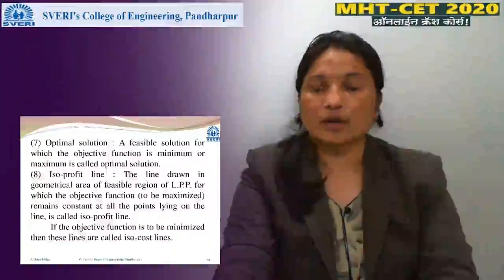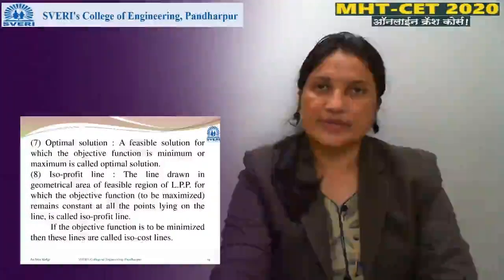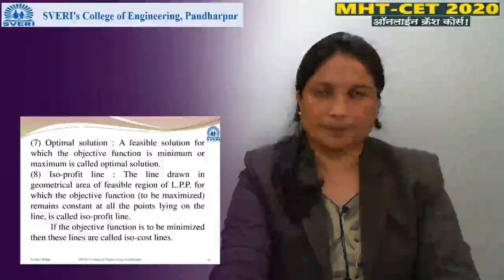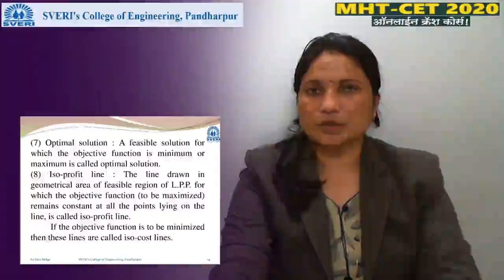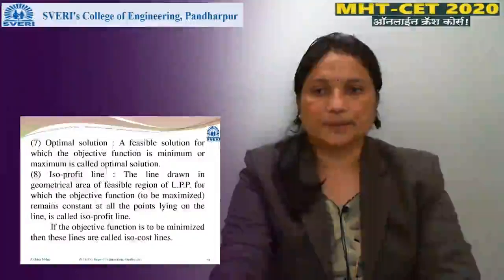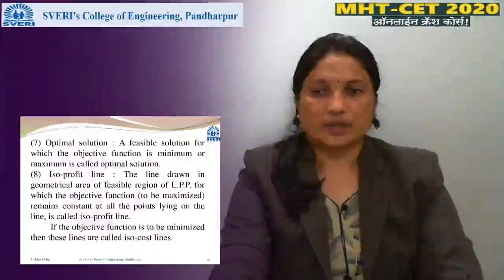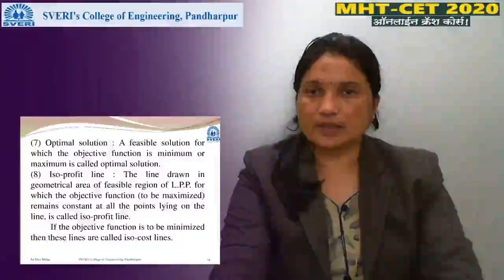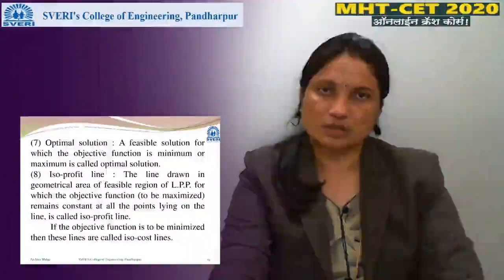Then what is the isoprofit line? The line drawn in the geometrical area of a feasible region of an LPP, linear programming problem, for which the objective function to be maximized remains constant at all the points on the line, is called an isoprofit line. If the objective function is to be minimized, then these lines are called isocost lines.